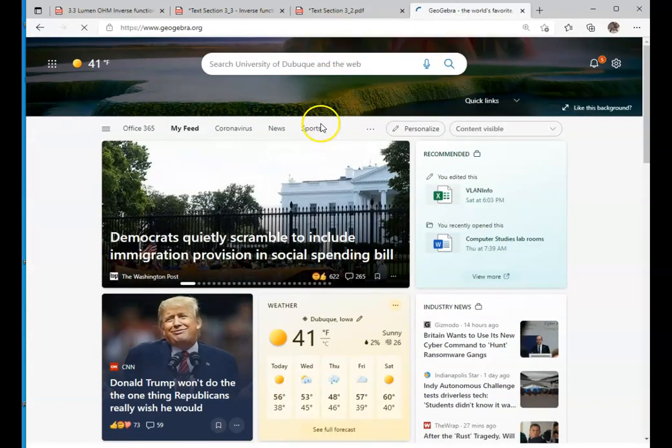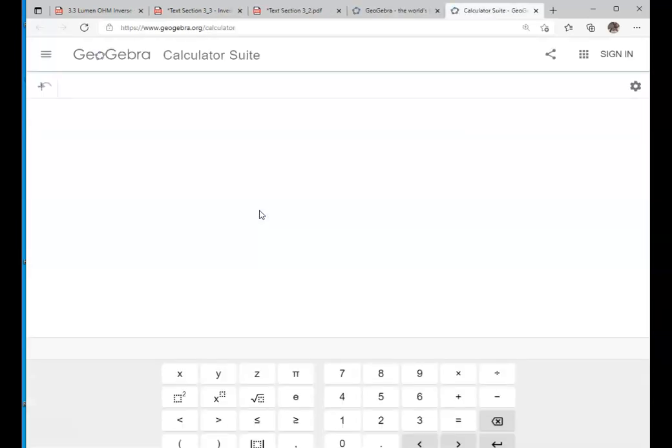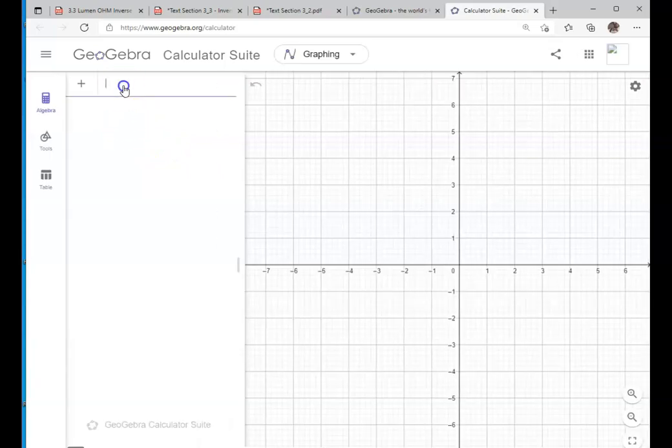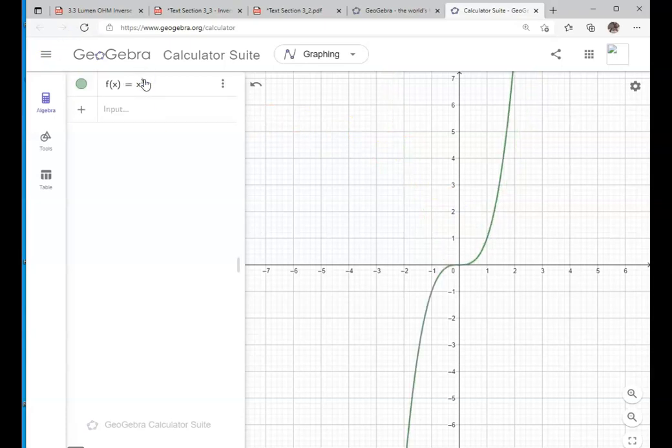Don't even have to sign in, just to play with the calculator. Let's put in the function. As the website comes up slowly, let's put in x caret 2. Enter. Oh, now we want to change that to 3. x caret 3, x cubed. Does that look one-to-one to you?